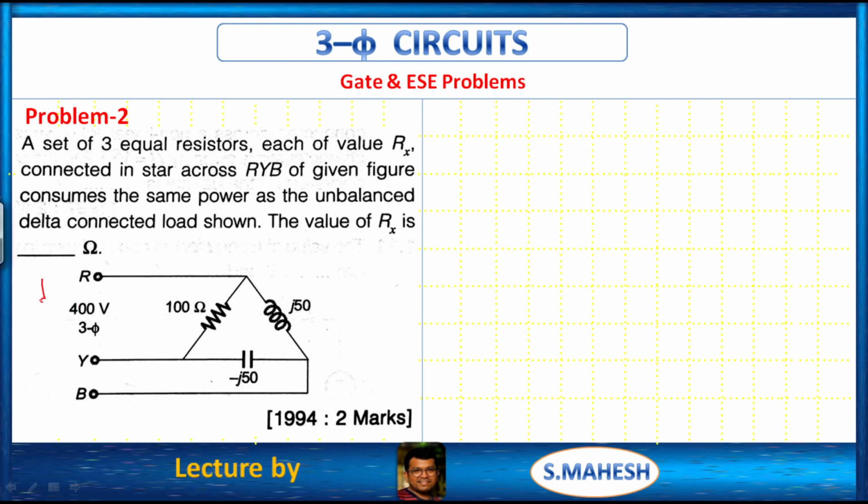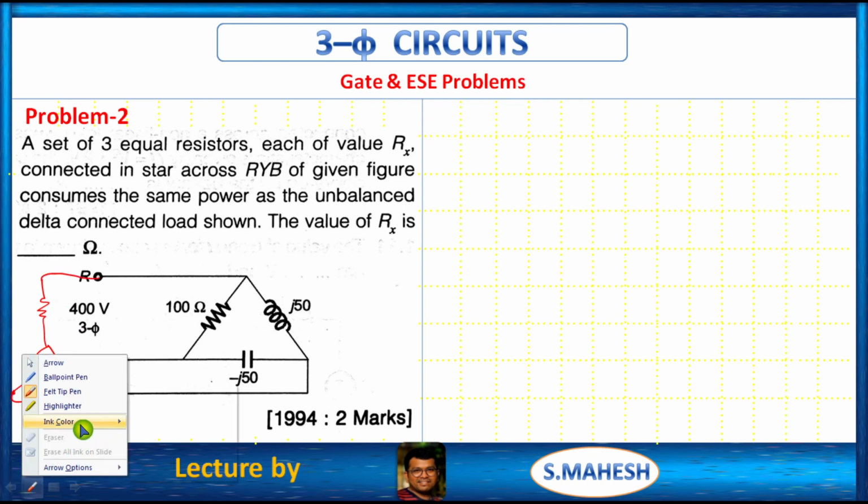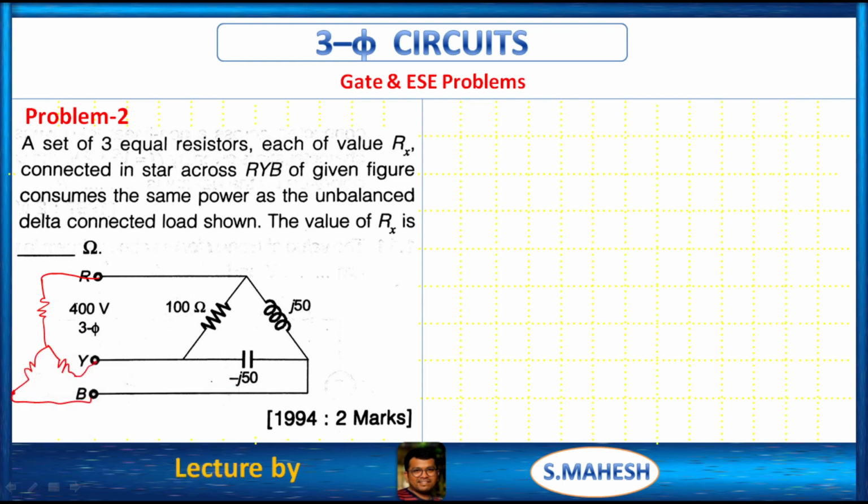Let us say Y to Y, B to B and R to R. We have equal values of resistance, let us say Rx, Rx, Rx. That's it. We have to calculate the value of Rx.